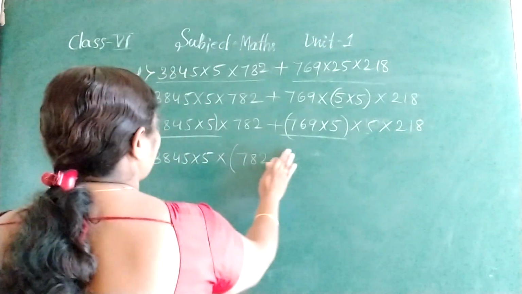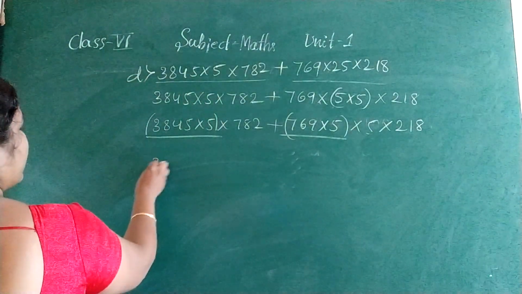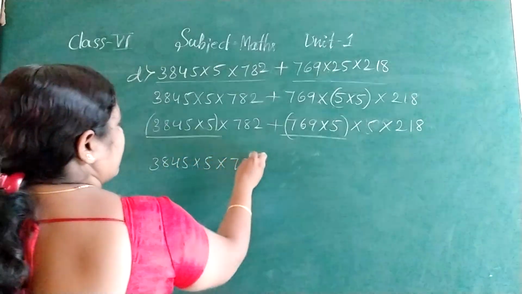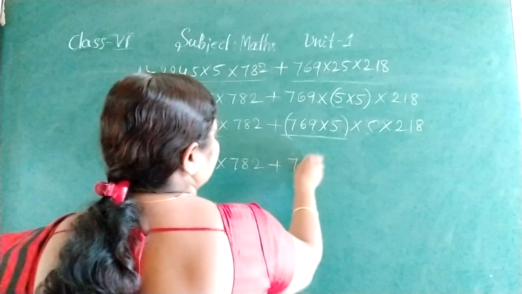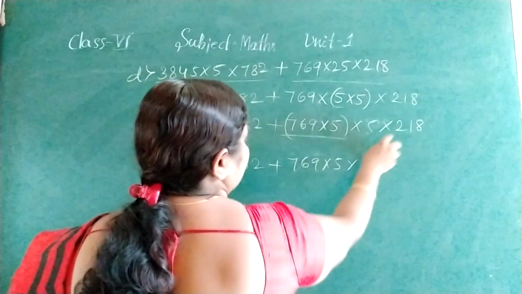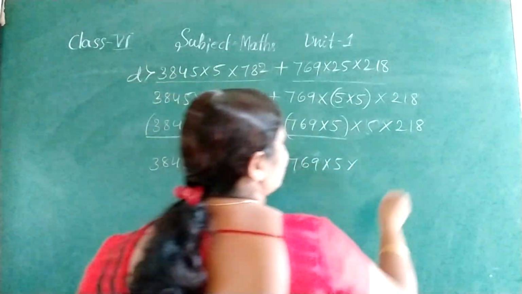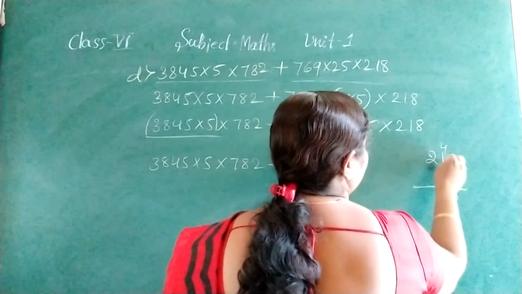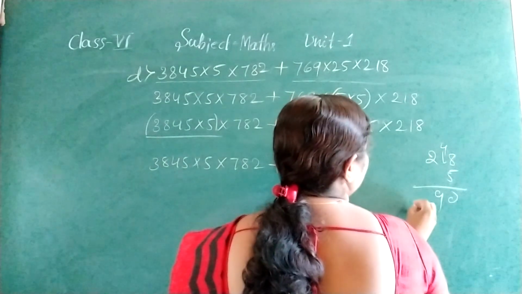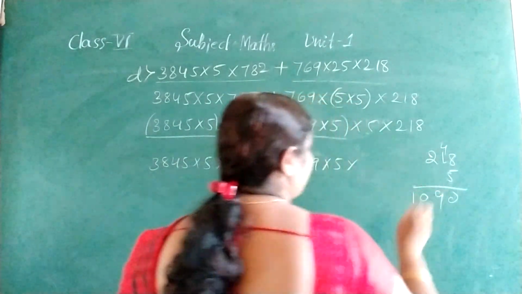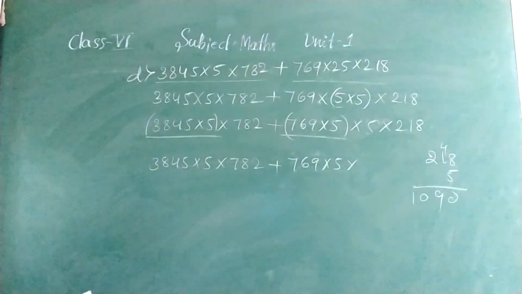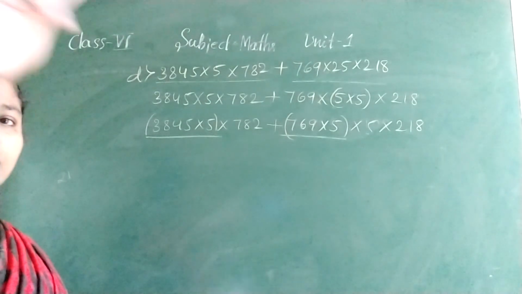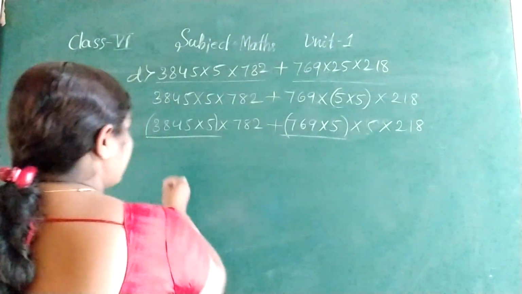Step we have to continue this. So 3845 into 5 into 782 plus this multiplication we should do, 218 into 5. 5 ones are 5, 9, 5 twos are. These two we have to multiply first.